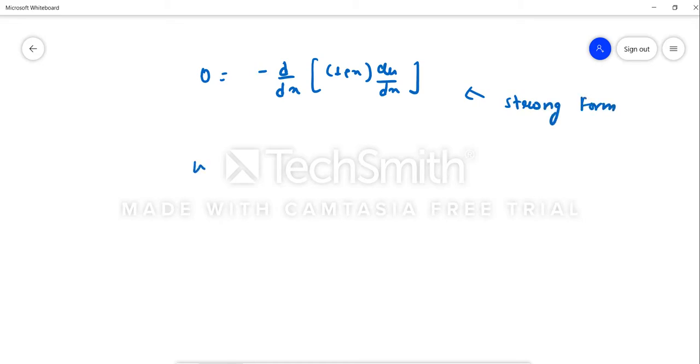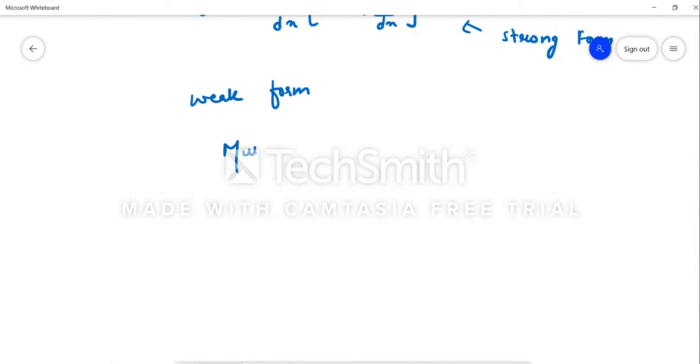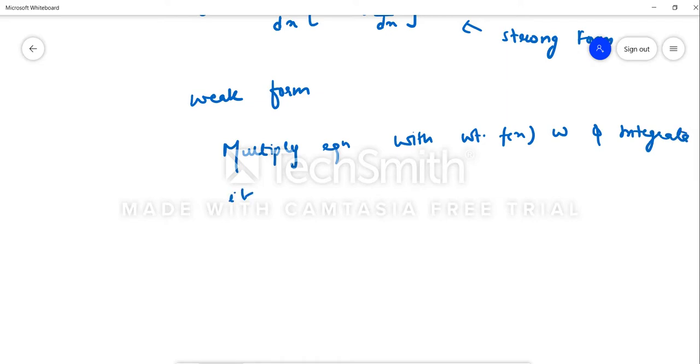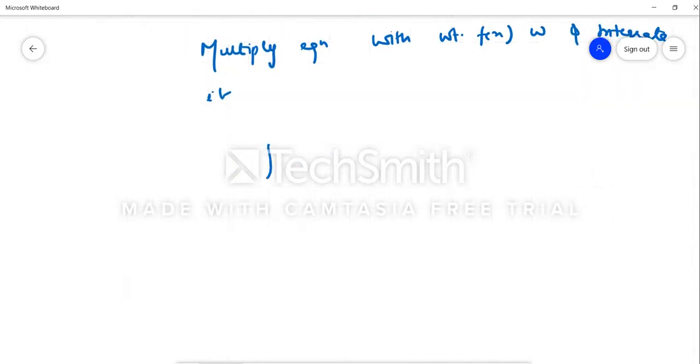For converting into weak form, we multiply the equation with a weight function w and integrate it. Now the equation will look like this: 0 equals the integral of w times minus d over dx of (1 plus x) du over dx, dx.